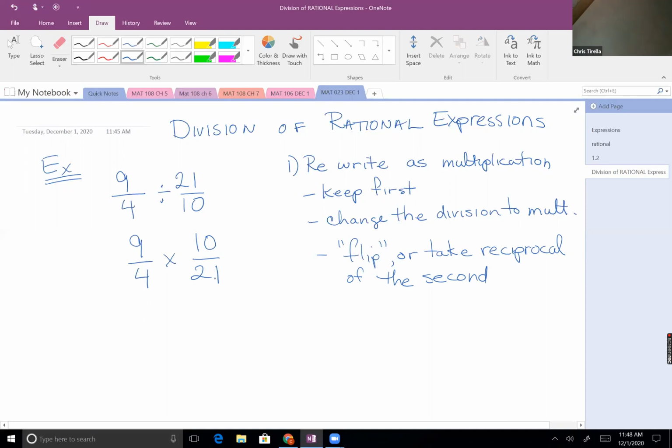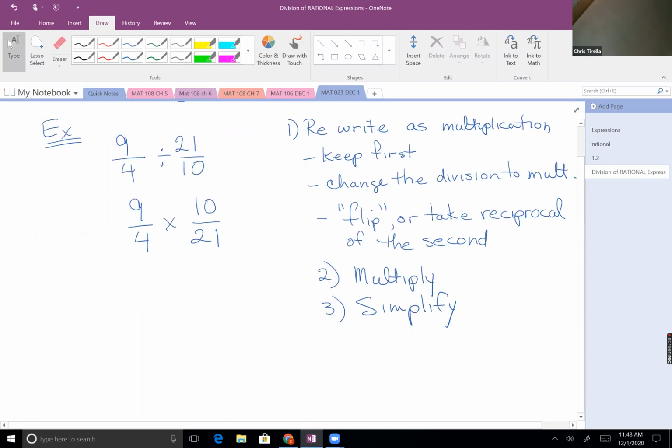Now that we've rewritten it as a multiplication problem, we're going to multiply and simplify. Here, the way in which you multiply with numbers, I guess, depends on your personal preference. I'm going to do this one of two ways.